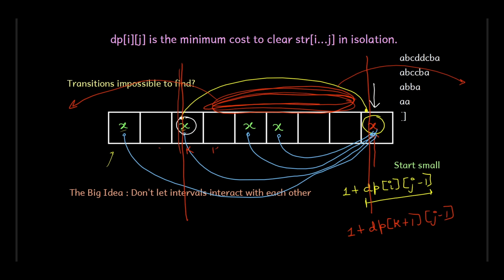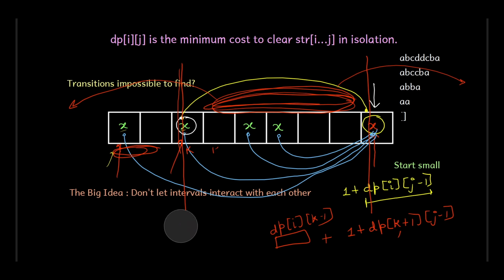And then the left part is of course also in isolation, so plus the left part. So the left part would be dp of i to k minus 1. And then you iterate k over all the possibilities of x that exist in the array.